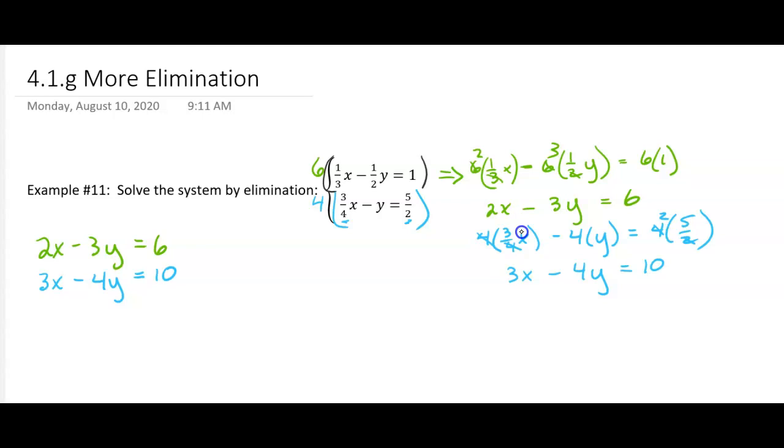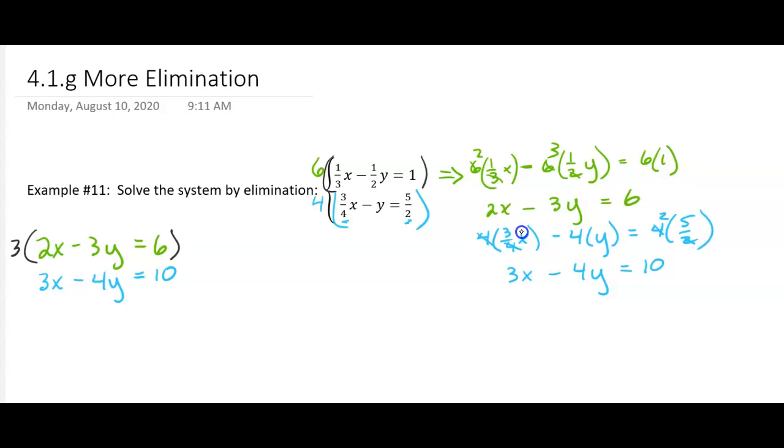And so now I can think about eliminating either the x's or the y's. This time I don't have one positive and one negative, so it really doesn't matter which variable I get rid of. I think I'll go ahead and get rid of the x's this time because we haven't done that before. I'll multiply the top one by 3, because I'm going to try to get rid of the x's, right?